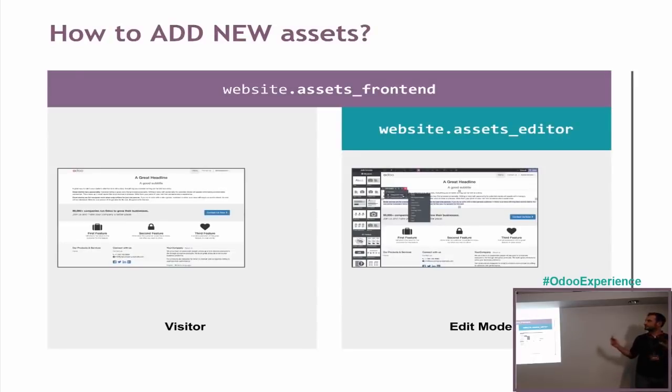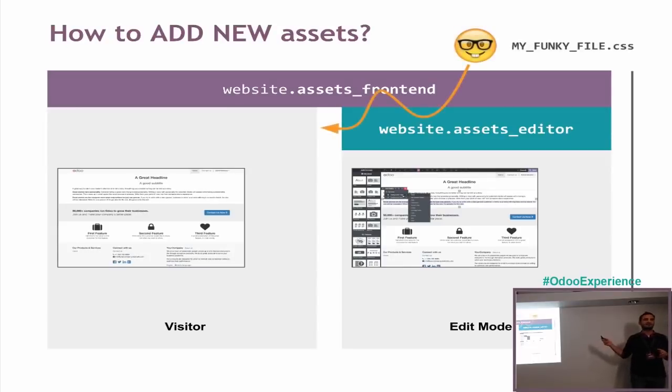We have these two bundles that are triggered in different moments, one for the visiting and one for the edit mode. And the first idea could be to add just a file, a CSS file, somewhere in the middle. I don't care, I just want my title to become red magically, so we'll just add the CSS file in the middle.